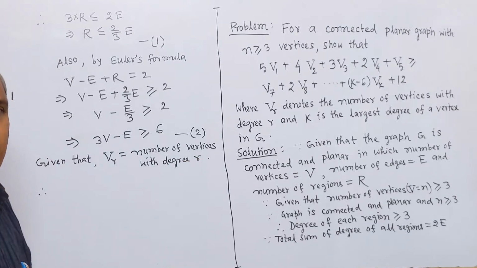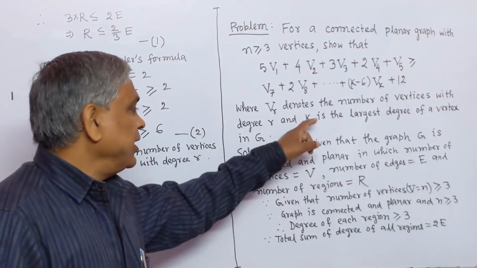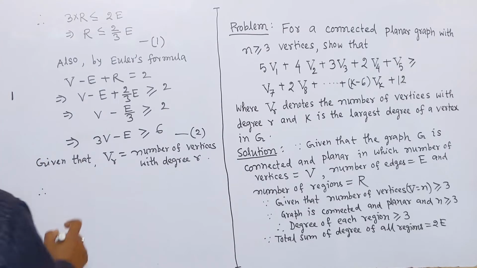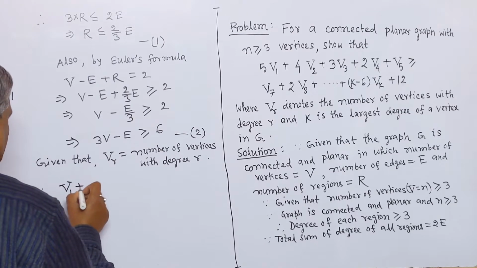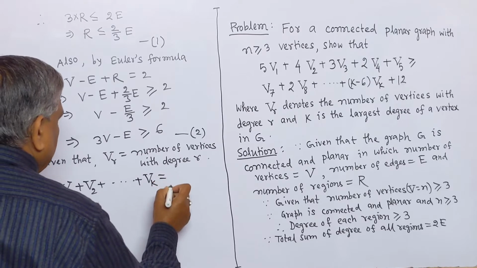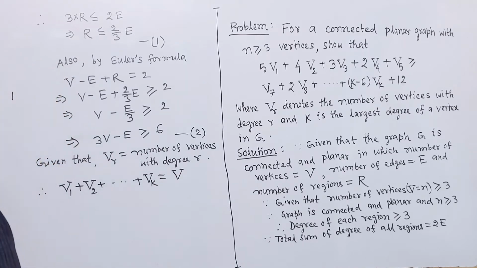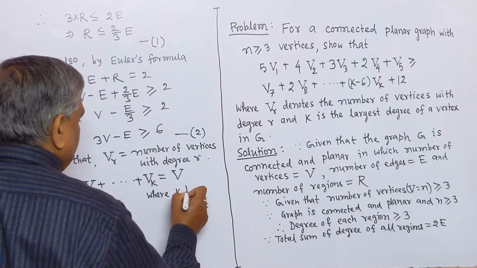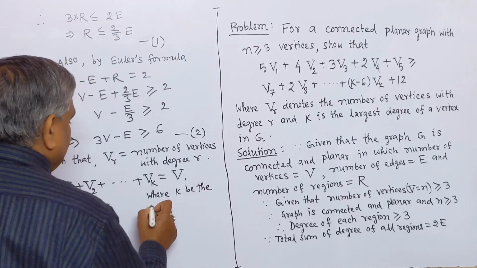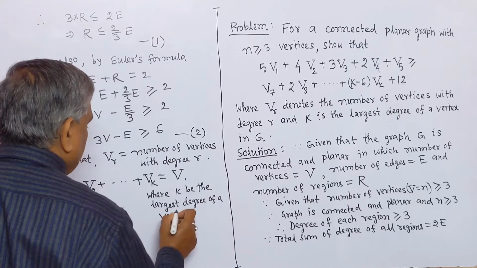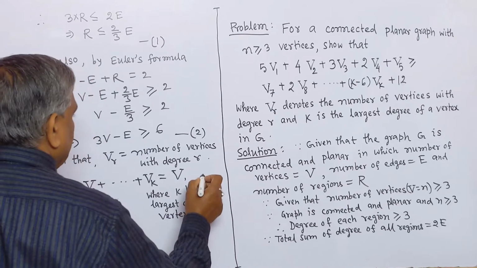Therefore, the sum of the numbers of vertices of degree 1, degree 2, degree 3, and so on, if k is the largest degree of a vertex, up to Vk, equals capital V. Therefore V1 + V2 + ... + Vk equals V, the total number of vertices, where k is the largest degree of a vertex in graph G. Let this be number 3.